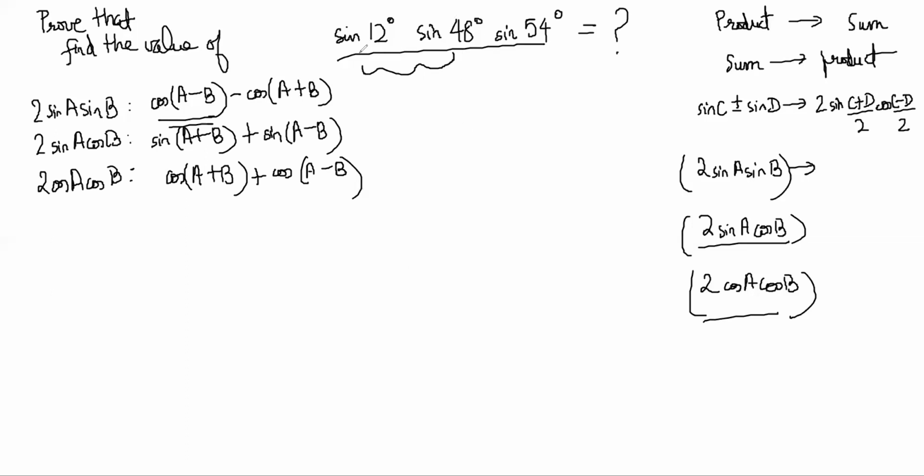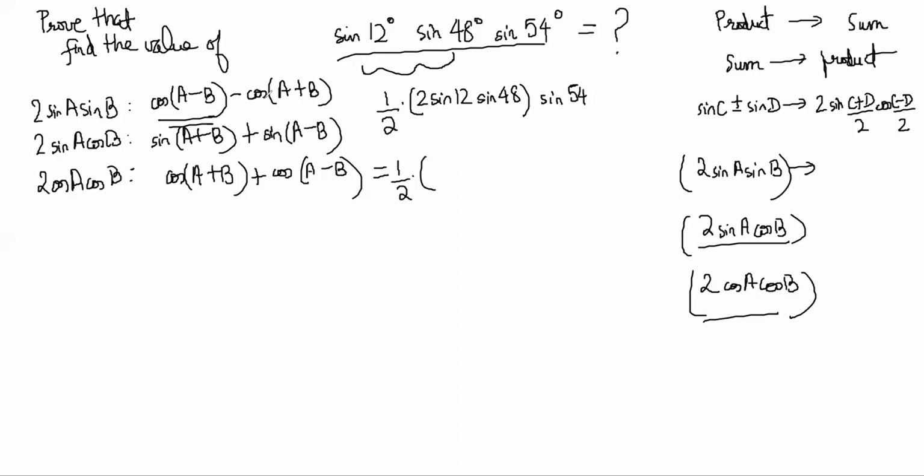So now we have sin A sin B and we need a 2 here. So I'll just multiply by a half and say it is half of 2 sin 12 sin 48 and then sin 54, right? What is 2 sin A sin B?